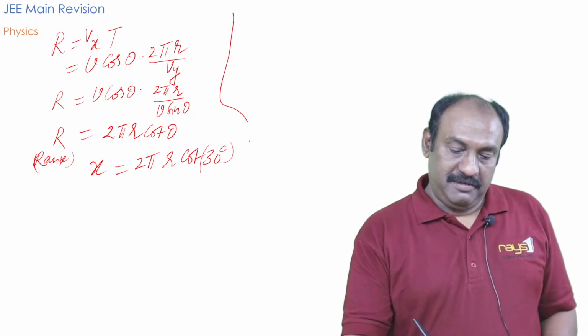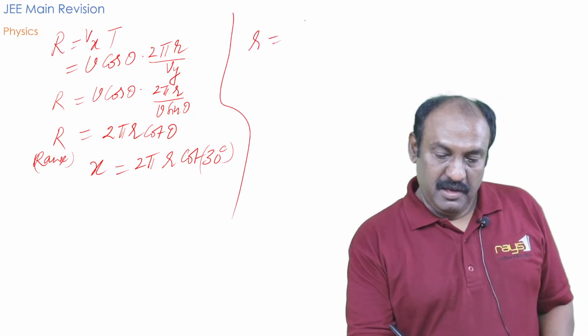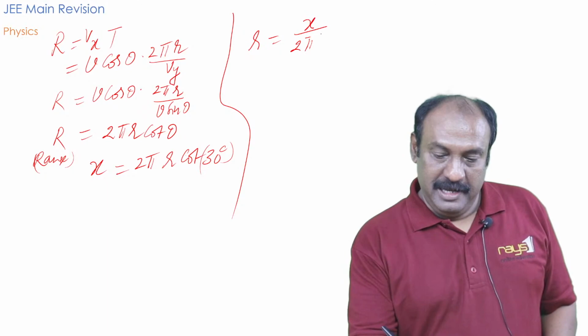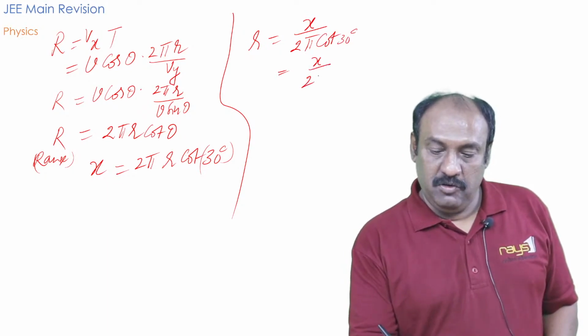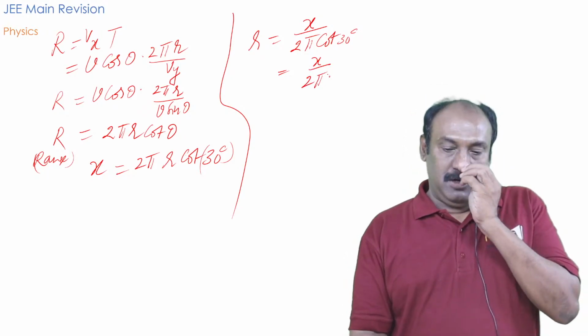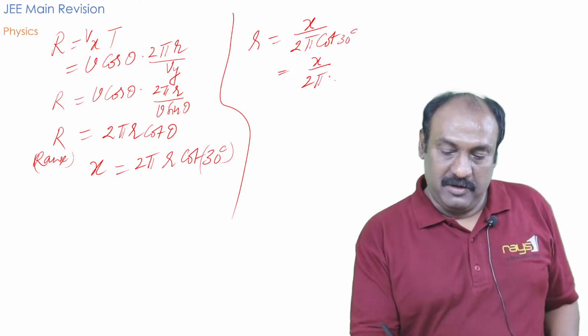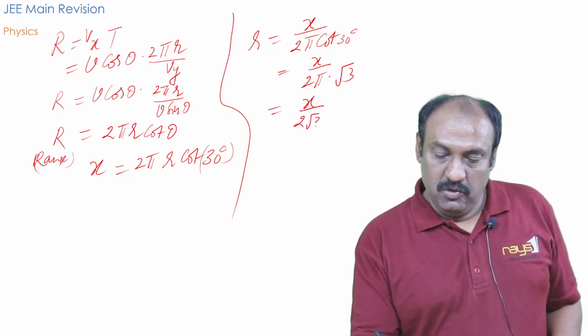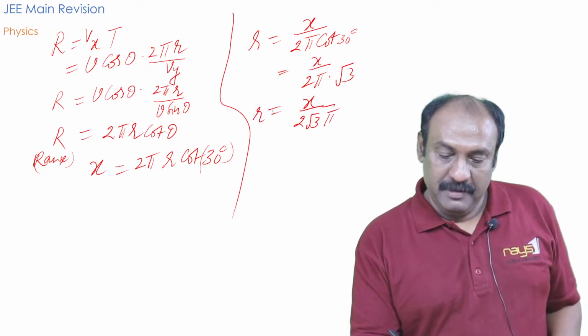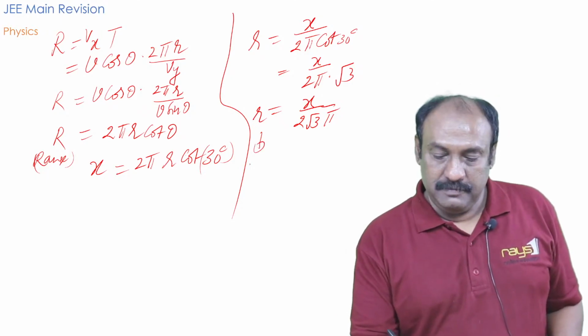So from this we want r equal to x by 2 pi into cot 30 degrees. What is cot 30? Tan 30 is 1 by root 3, so cot 30 is root 3. So r equals x by 2 root 3 pi, which is the radius of the helical path.